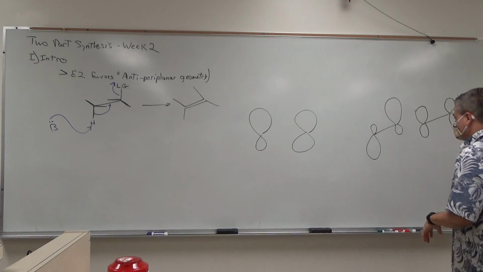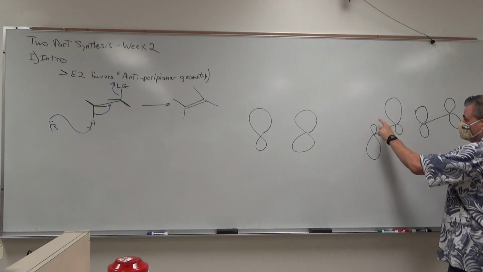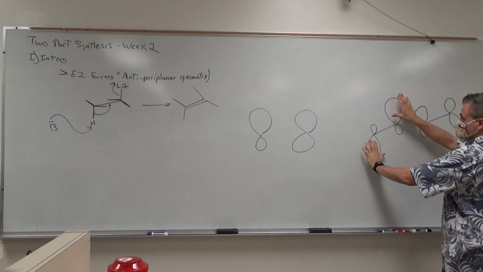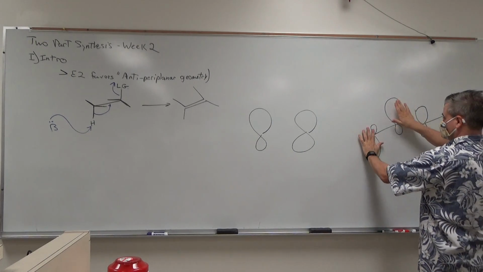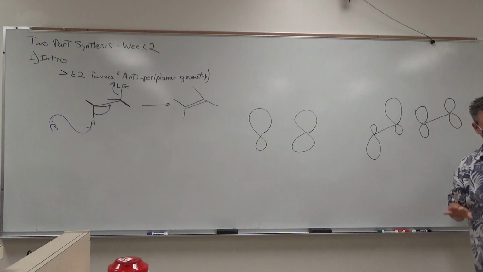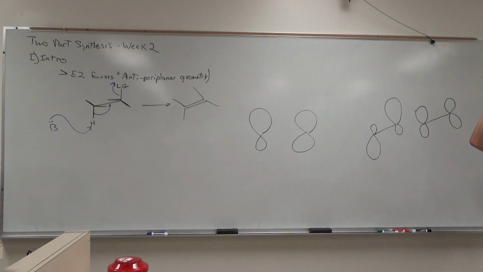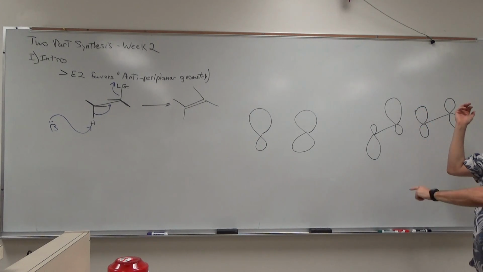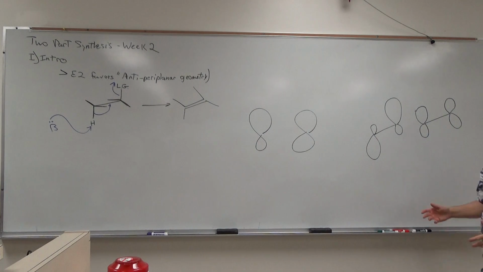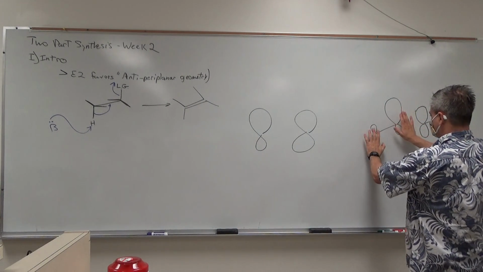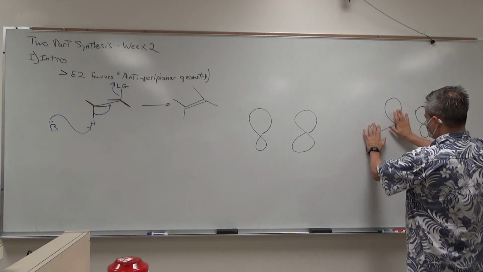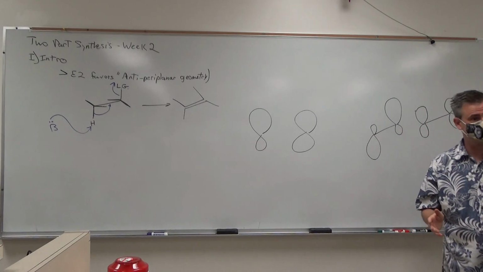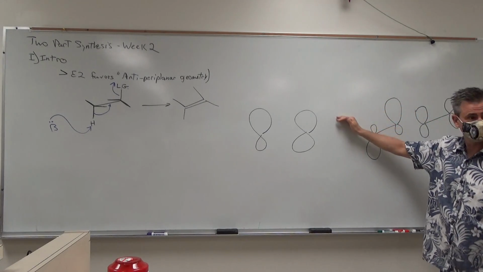If you have this big lobe begin to overlap with that little lobe, and then the same on the bottom, you get better overlap as they shift if they are pointed in the opposite direction. If they were pointed in the same direction, you don't get very good overlap on one side of that alkene early on. So as the alkene forms, you get more equivalent overlap top and bottom, and that brings down the activation energy for the reaction.